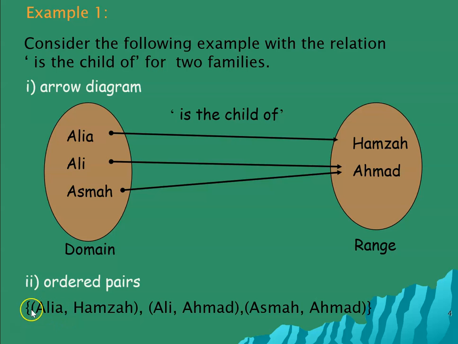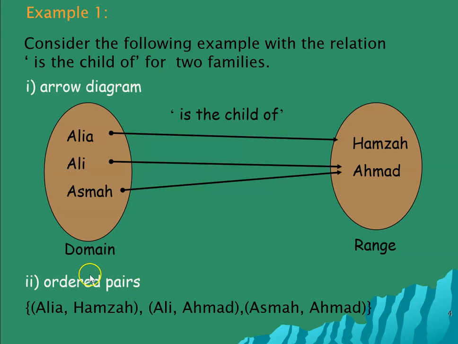For example, we have curly brackets over here, meaning you have a set. Alia is a child of Hamza: Alia, Hamza. Then the second relation, Ali is the child of Ahmad. And the third one, Asma is child of Ahmad. So you have three relations. These are the arrow diagram, and this is the order pair.